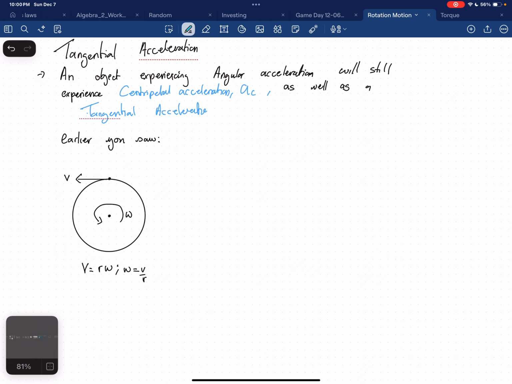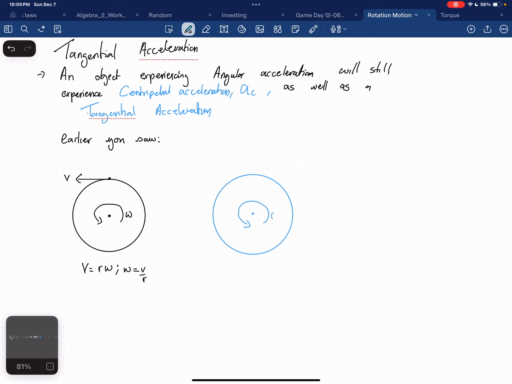So if you remember this diagram from the beginning of the video, remember we have an angular velocity and we also have a tangential velocity. Now, the main difference between what's going on here and uniform circular motion is that here we are accelerating tangentially as well.